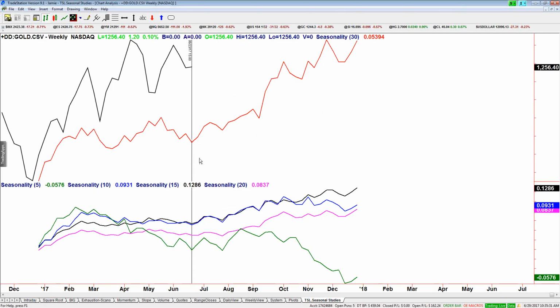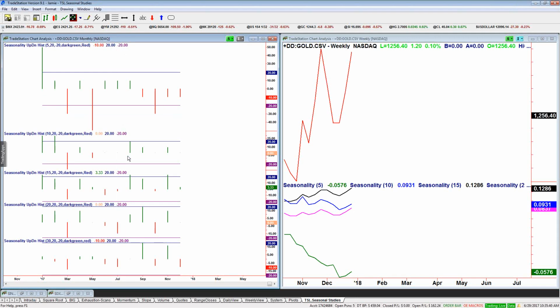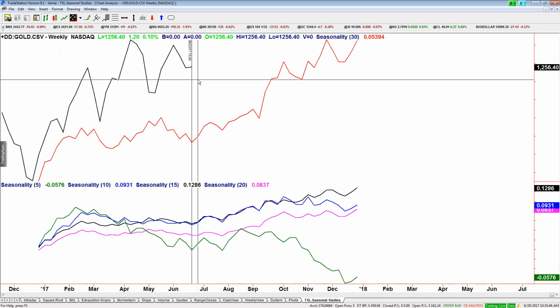We do turn up in gold. This is 30 years on the red, but we do turn up on gold. July historically, pretty good month. August historically is a really good month for gold. So I'll leave it there too. That's a positive sign.